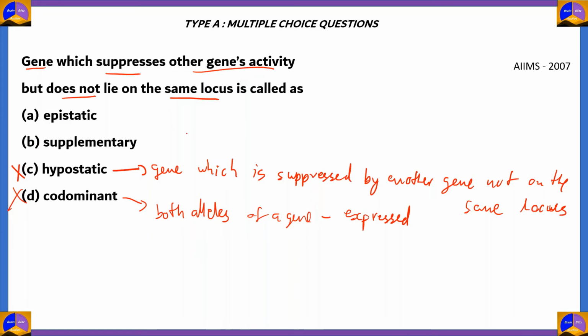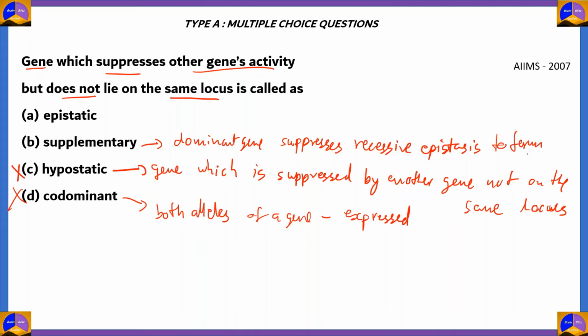What about option B, supplementary gene? So in supplementary gene, the dominant gene suppresses recessive epistasis to form a phenotype.